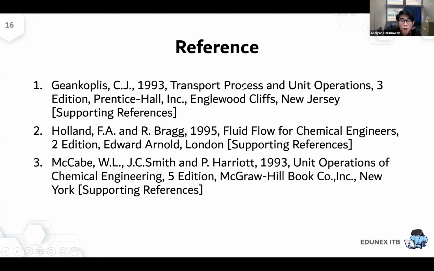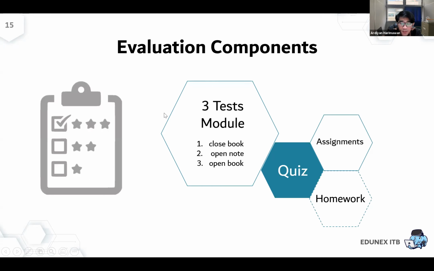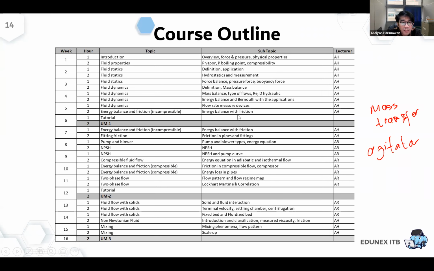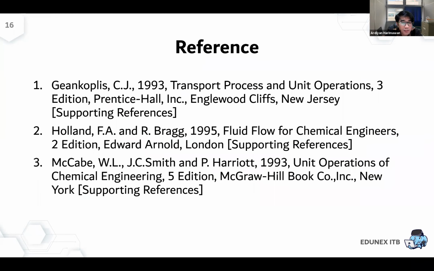Not all from page 1 until the last page, of course. Just try to download them, because now I think these 2 ebooks are available, so you can compare the subtopics that will be covered and the chapters in both references. Okay, hopefully it answers. Any other question?